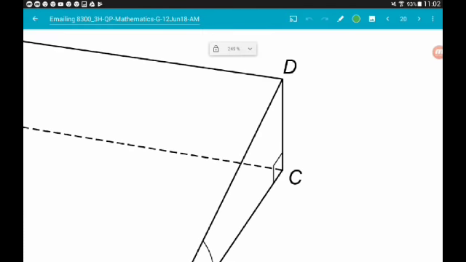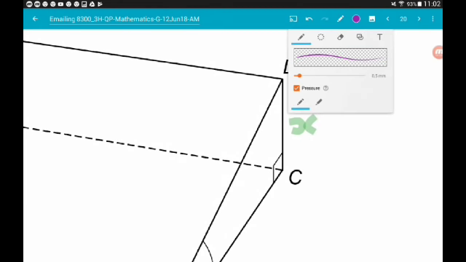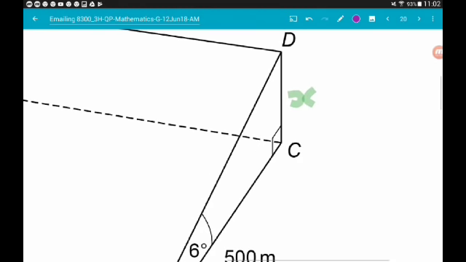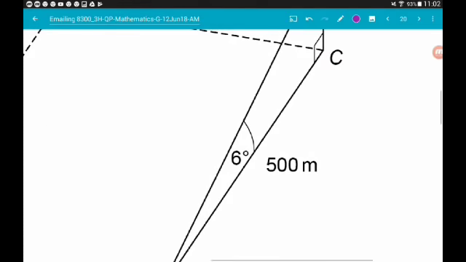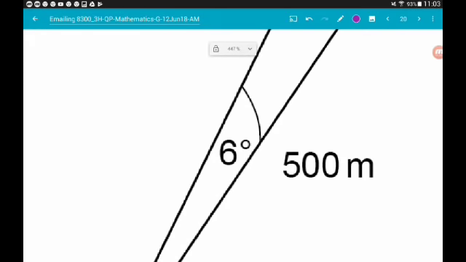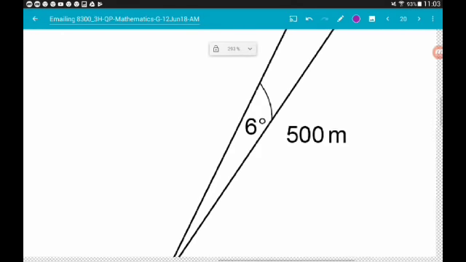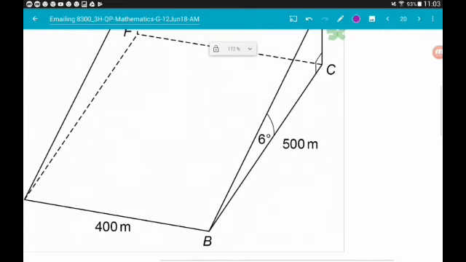So we need to work out this height here. Notice here this bottom angle is a right angle. We've got this other angle over here of 6 degrees, and we know this base length of 500.